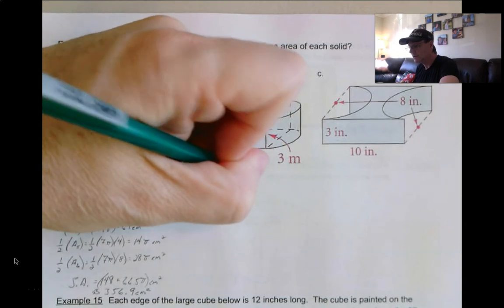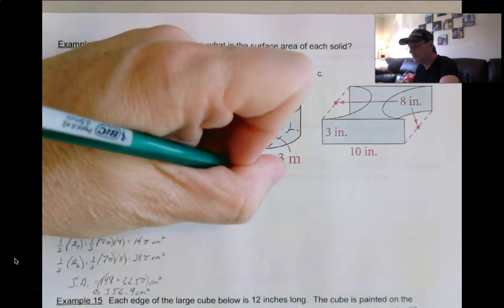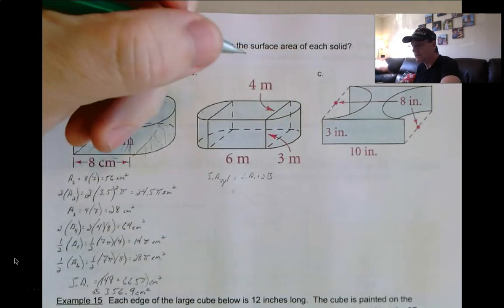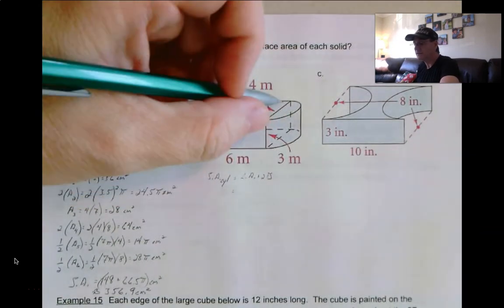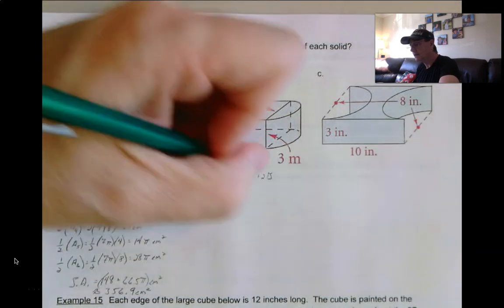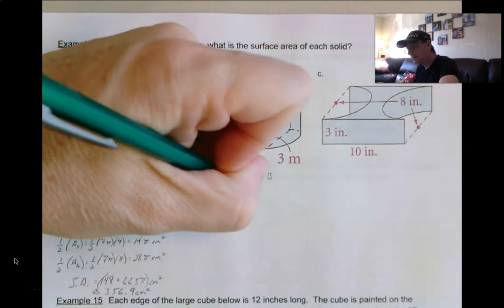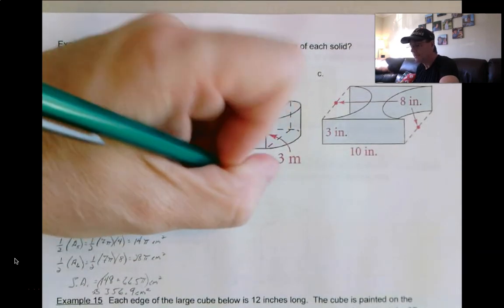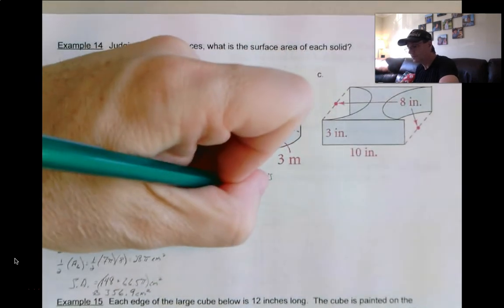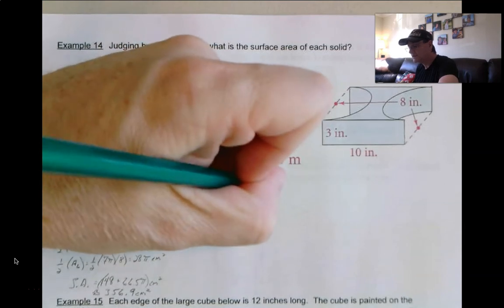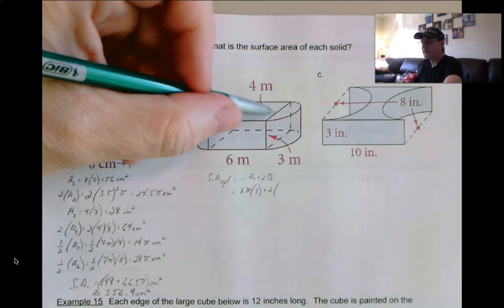Okay, so the surface area of the cylinder is equal to lateral area plus 2 times the area of the base. Lateral area is going to be circumference times the height. The circumference is 8 pi times height, which is 3, plus 2 times area of the base.